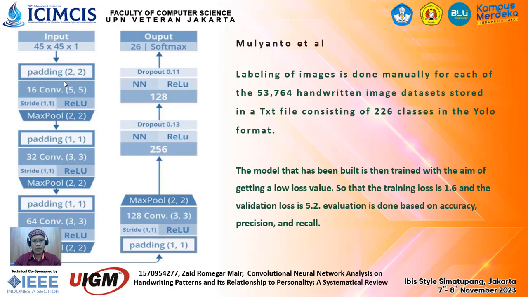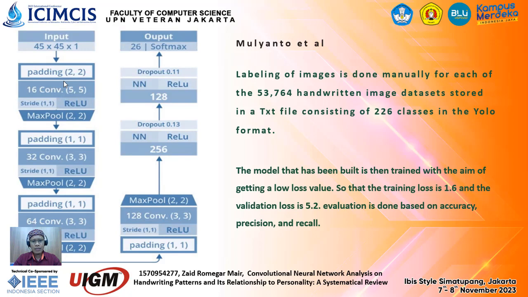And for Mulyanto et al., the labeling of the images is done manually for each of the 53,764 handwriting image dataset stored in TXT files, consisting of 226 classes in the YOLO format.